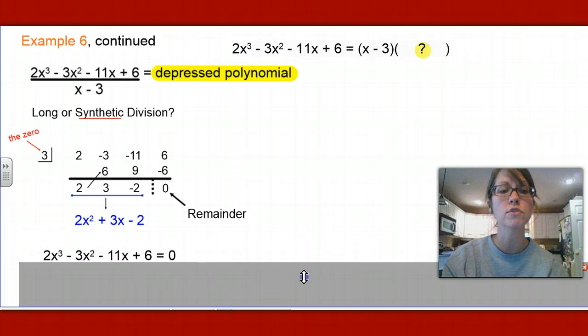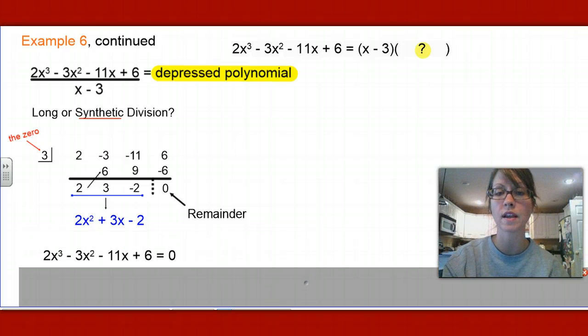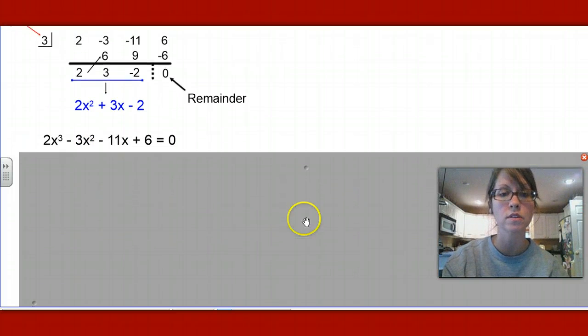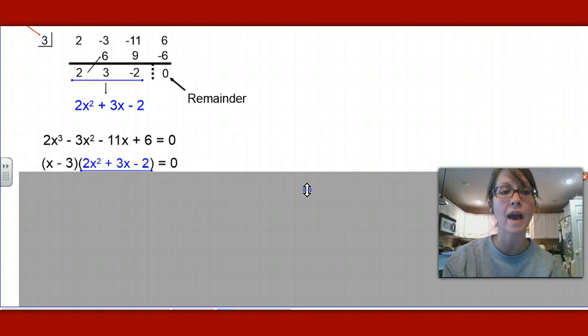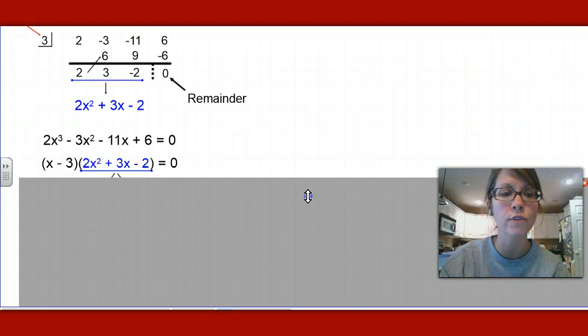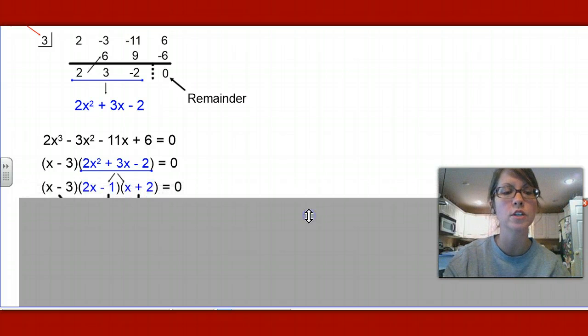All right, so to solve this and to get our answer, to find the solutions, we already knew that we had a factor of x minus 3. And now we know that the other factor is 2x squared plus 3x minus 2. So we can try to factor that quadratic a little further. And we factor it into 2x minus 1 times x plus 2.